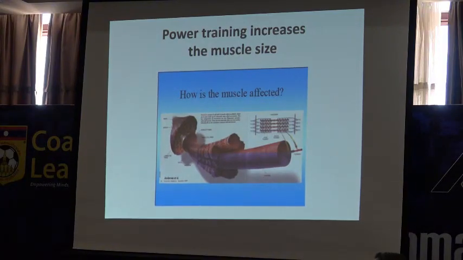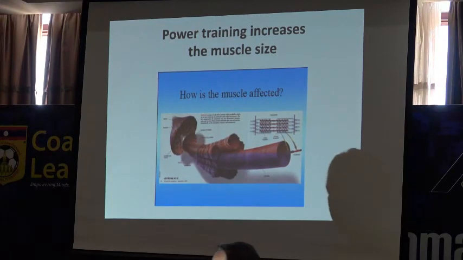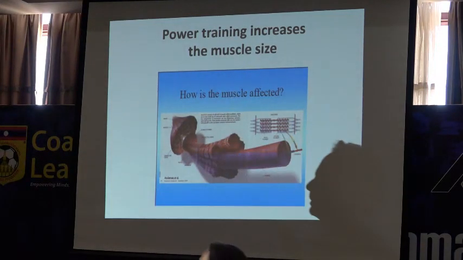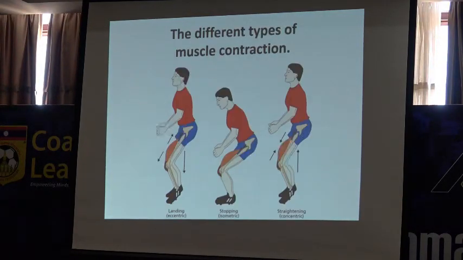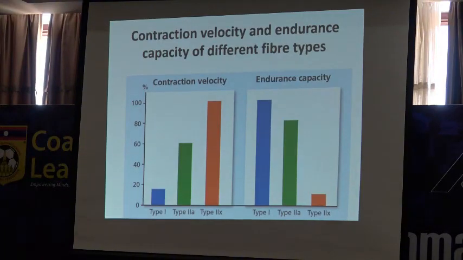And the triceps and the chest are normally type 2 fibers, because we had to throw spears back in the days. If we fall, we have to do explosive work. So if we look at these fiber types, we have 3 fiber types.